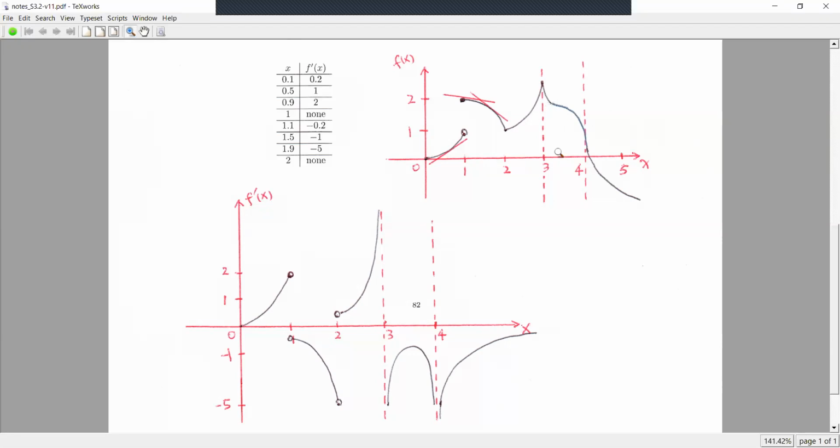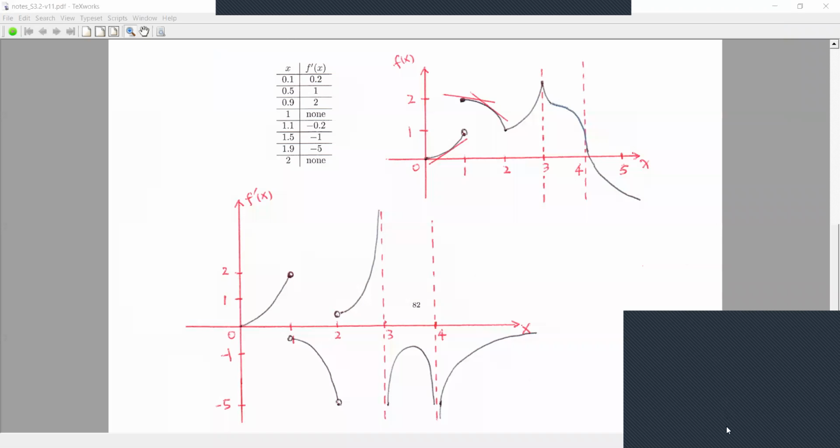So derivative is dropping from large negative to small negative. But beyond some point, tangent line becomes steeper and steeper again. So beyond some point, derivative is increasing from small negative to large negative again.